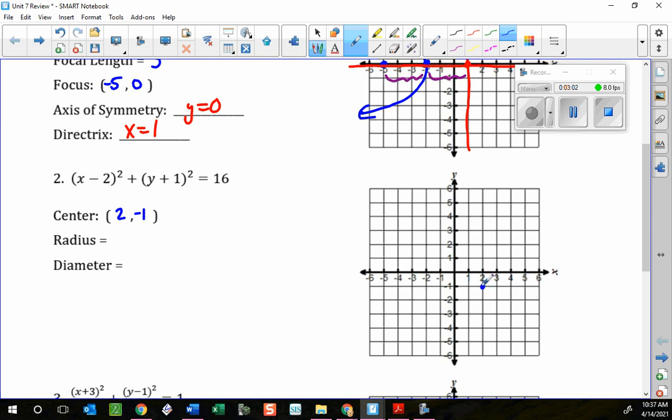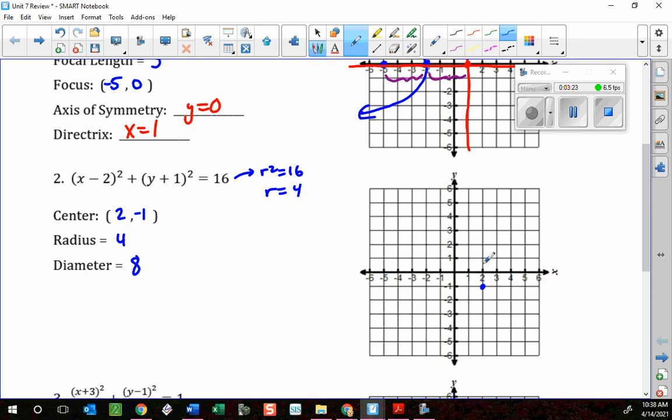So 2, negative 1, and the radius, this number right here is r squared, so r squared equals 16. That must mean that the radius is 4. Now if that was a weird number like 15, I would just say the radius is the square root of 15. Alright, but here it's 4, so that means the diameter is 8, double that, right?